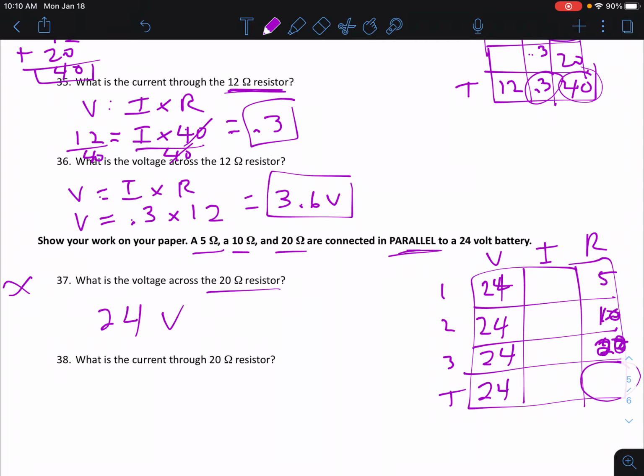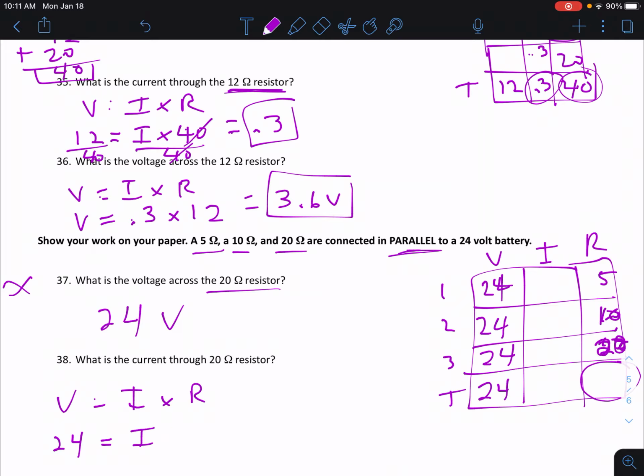And what is the current through the 20 ohm resistor? So this is where we can use Ohm's law. Voltage equals current times resistance, and we know the voltage is 24 volts. The current we don't know.